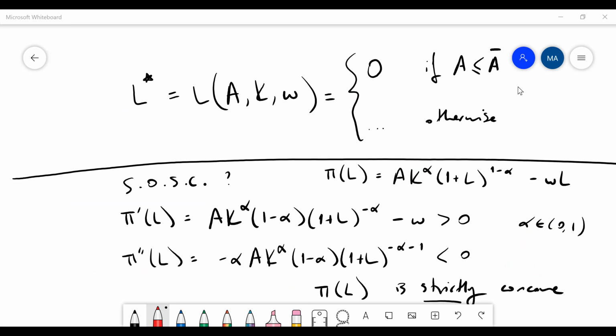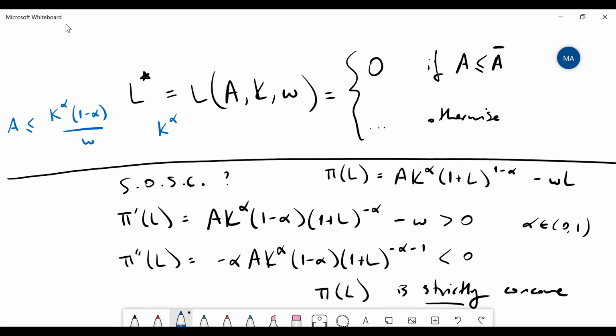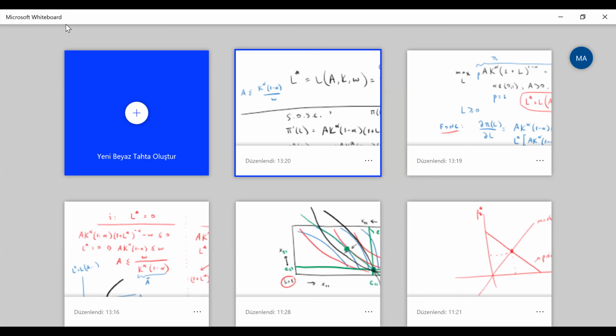You can also talk about capital stock. You can write this condition in terms of capital stock, because that condition is basically A less than or equal to K to the alpha, 1 minus alpha, divided by wage. So you can write this differently, obviously. Wait, I think this is wrong. Just a sec.